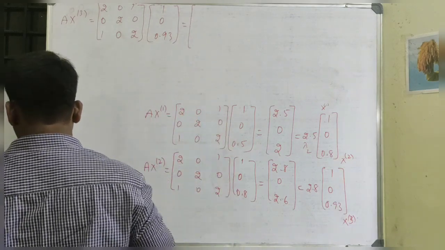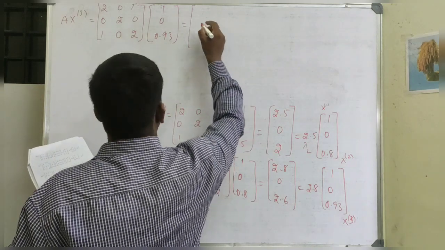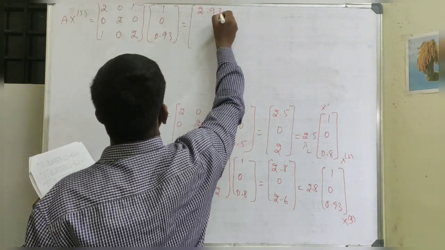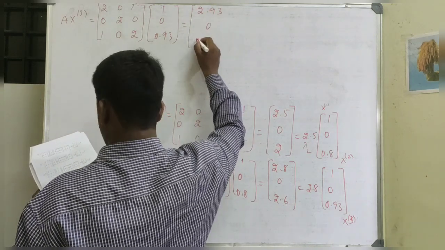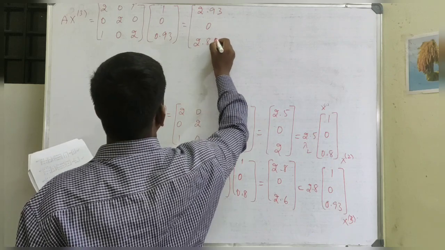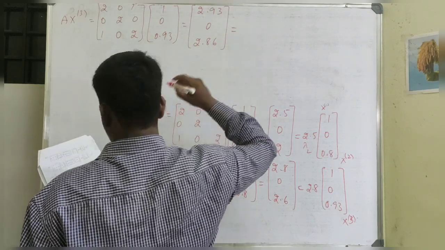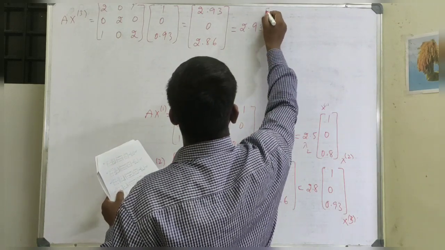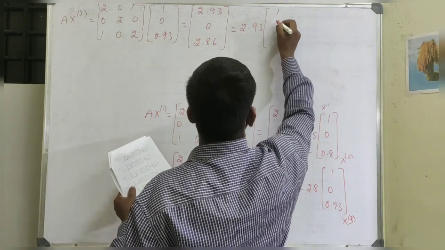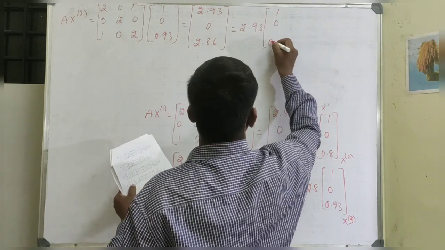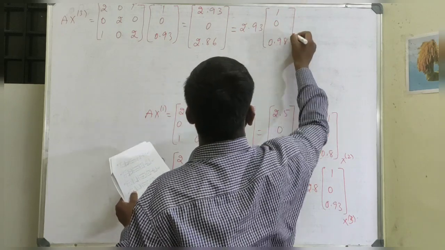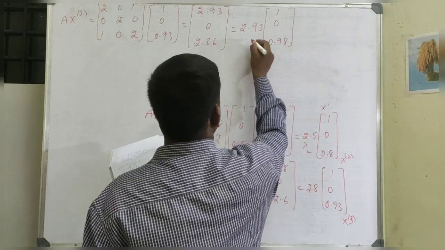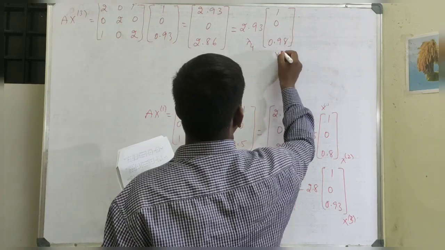Multiplying this, we get 2.93, 0, 2.86. So taking 2.93 outside, 1, 0, 0.98. So this is lambda 4 into x4.